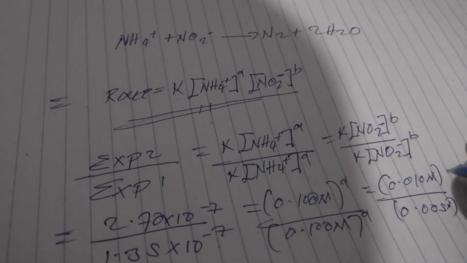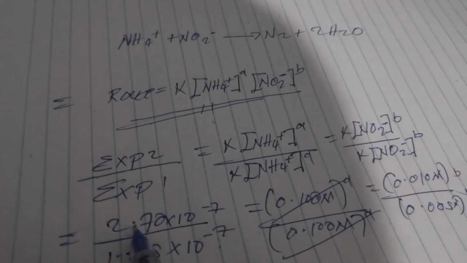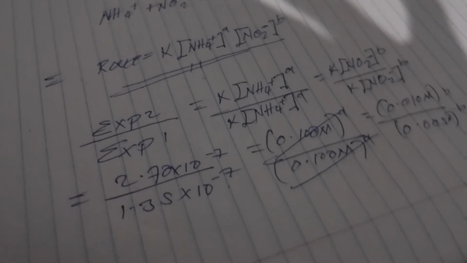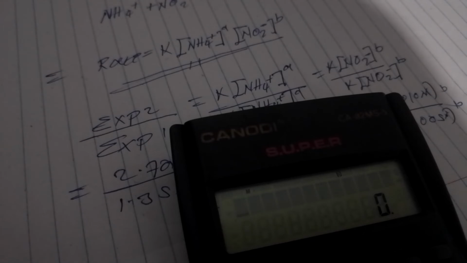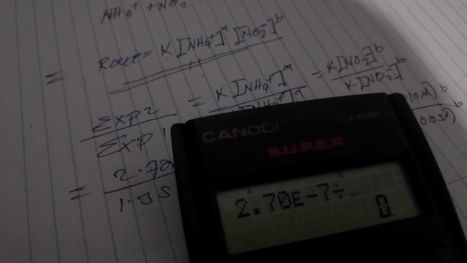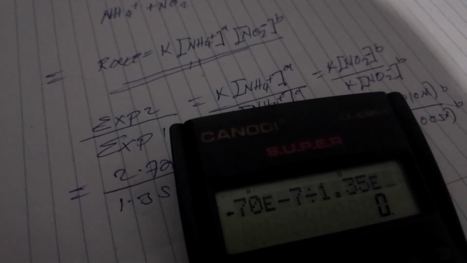So that is B. If you see very properly this code, what is this divided by this? Hence we're going to have figures such as, if you punch it in very properly, you find that you are holding 2.70 exponential negative 7 divided by 1.35 exponential negative 7.